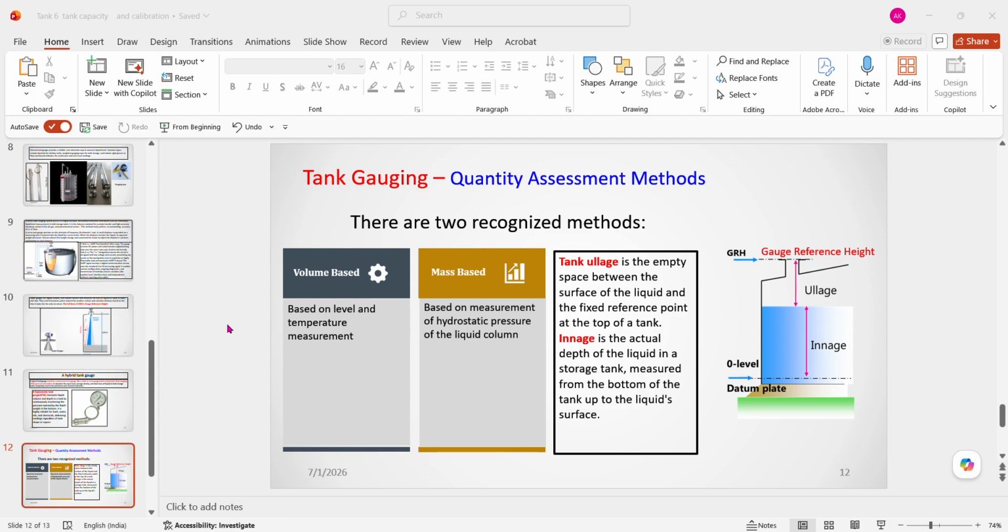It is intrinsically safe, meaning it will not give any spark, so that the vapor should not cause any fire inside. Very safe. And HART protocol means the instrumentation HART signal.